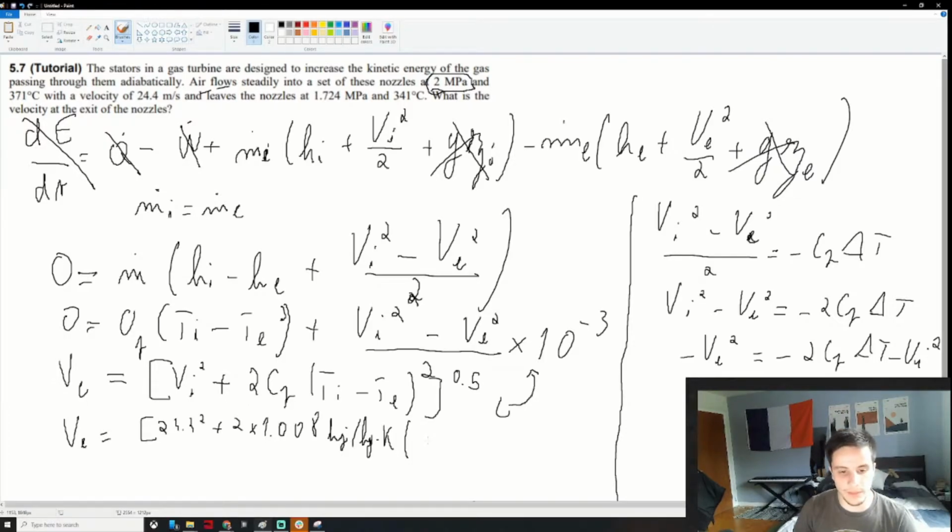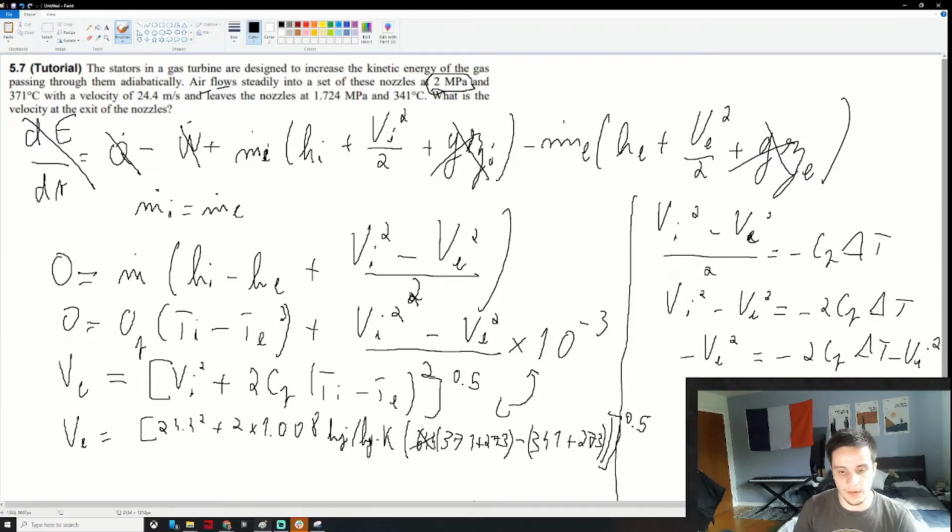Since you're doing a subtraction, it wouldn't really change if you added 273 to both the temperatures to convert from Celsius to Kelvin. So for example, we would just do (371 plus 273) minus (341 plus 273), and then everything square rooted.